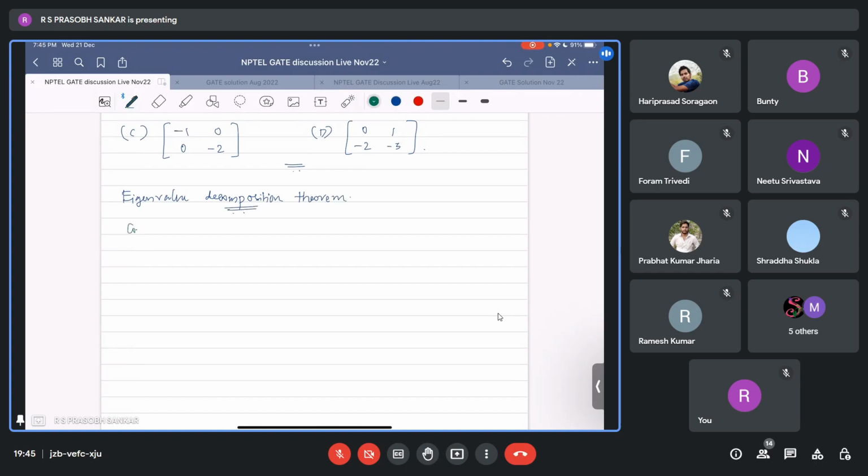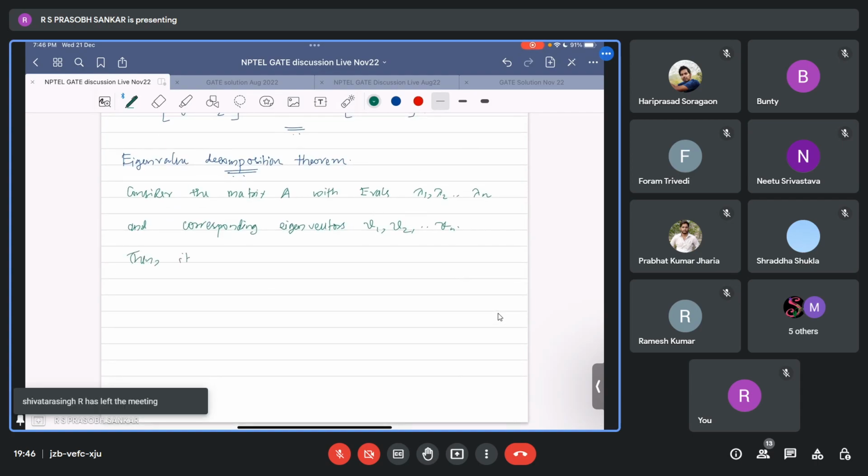What it says is that consider the matrix A with eigenvalues lambda 1, lambda 2 up to lambda n and corresponding eigenvectors v1, v2 up to vn.